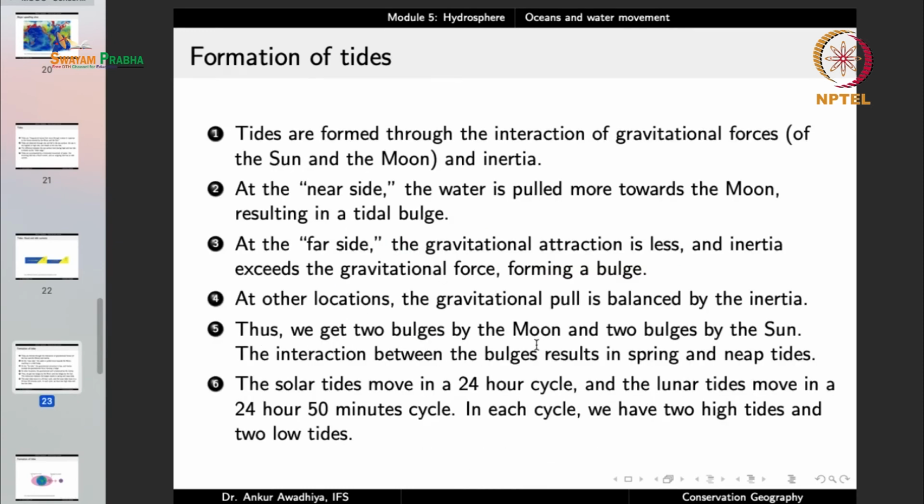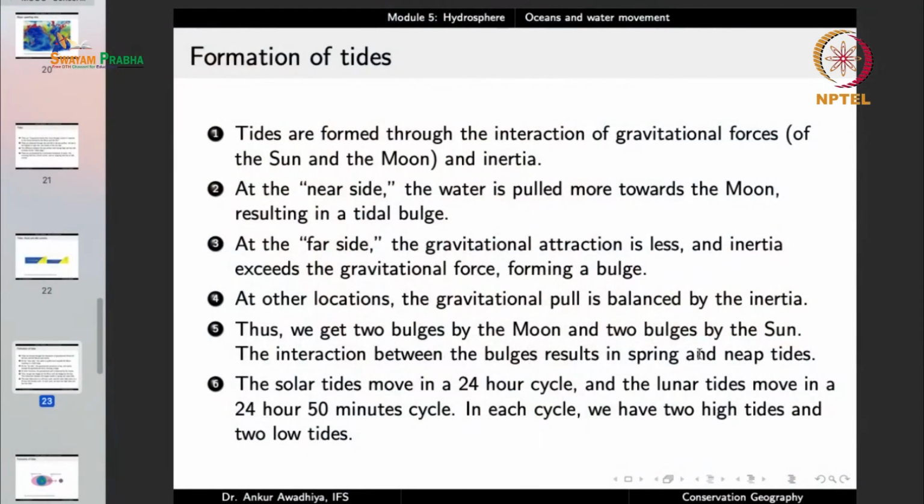Thus we get two bulges by the moon and two bulges by the sun. The interaction between these bulges results in spring and neap tides. If the sun is resulting in a high tide, and the moon is also resulting in a high tide, both of these impacts will add together to make an even higher tide.